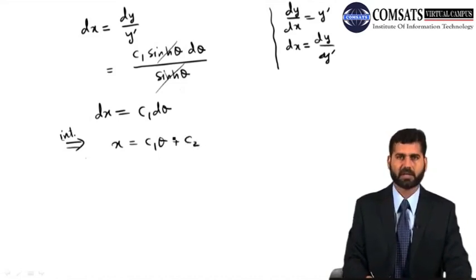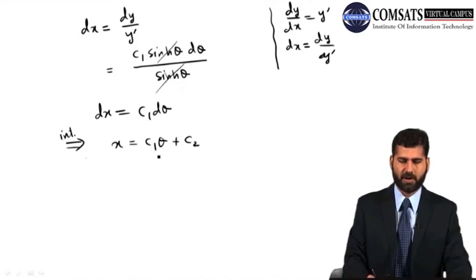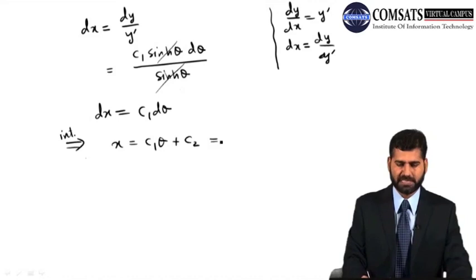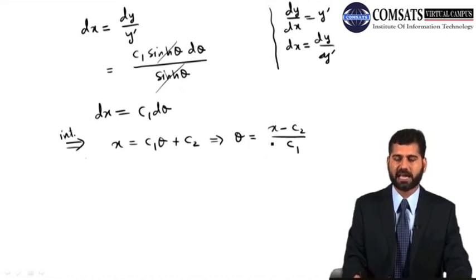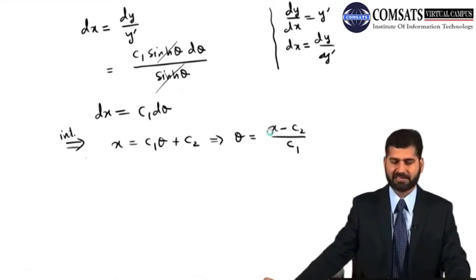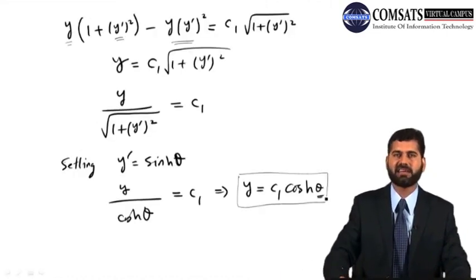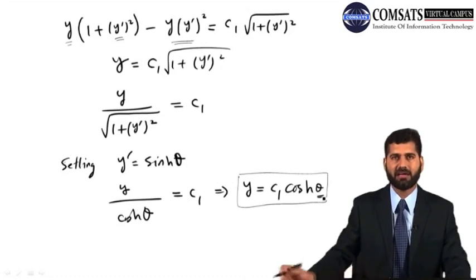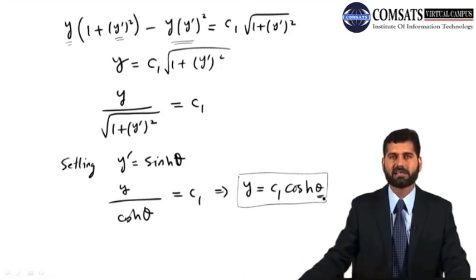Now theta in terms of x can be written as (x minus c2) divided by c1. So instead of writing the parametric equations, I can write theta in terms of x very easily and replace it here, and you will get y explicitly in terms of x.